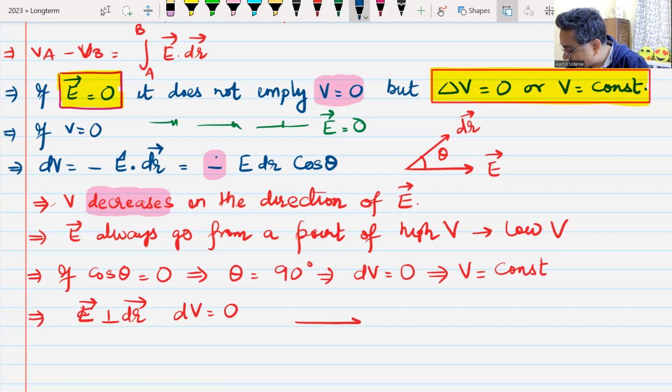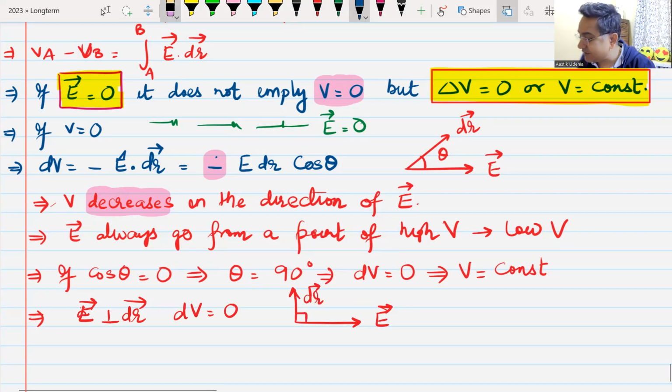In a direction perpendicular to the field, your electric field is like this, and your displacement is like this, and your angle is 90 degrees.